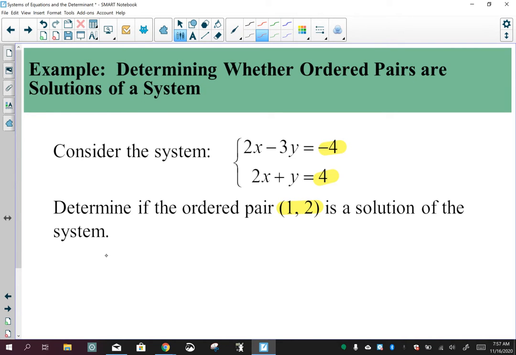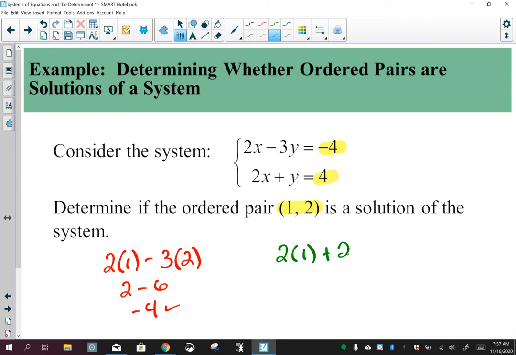Starting with the first one, we're going to go 2 times 1 minus 3 times 2. So 2 times 1 is 2, minus 3 times 2 is 6. So I get a -4. That one works. Then we try the next one: 2 times 1 plus 2. 2 times 1 is 2, plus 2, that's 4.